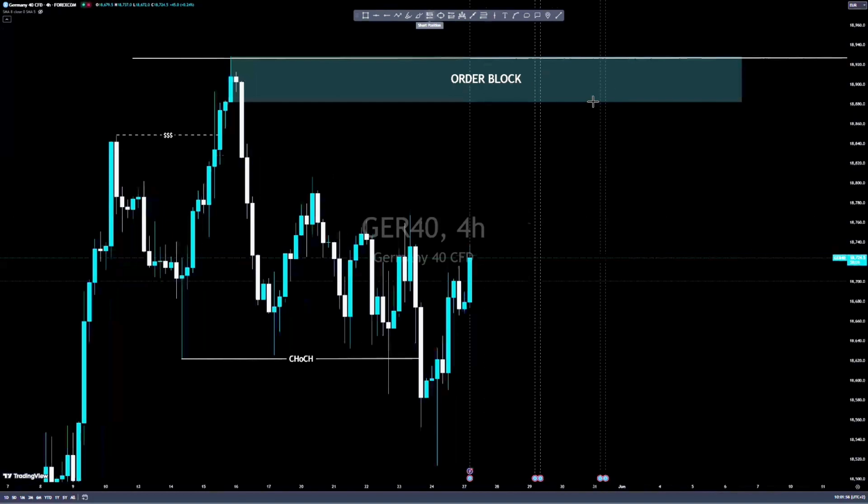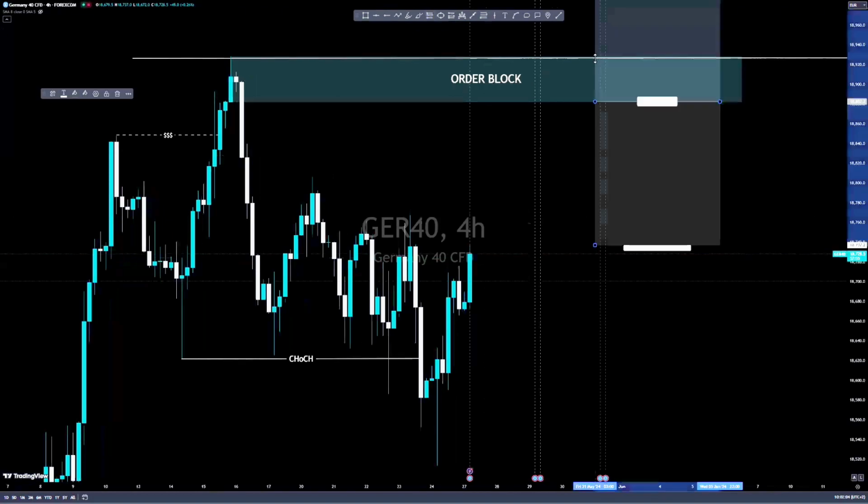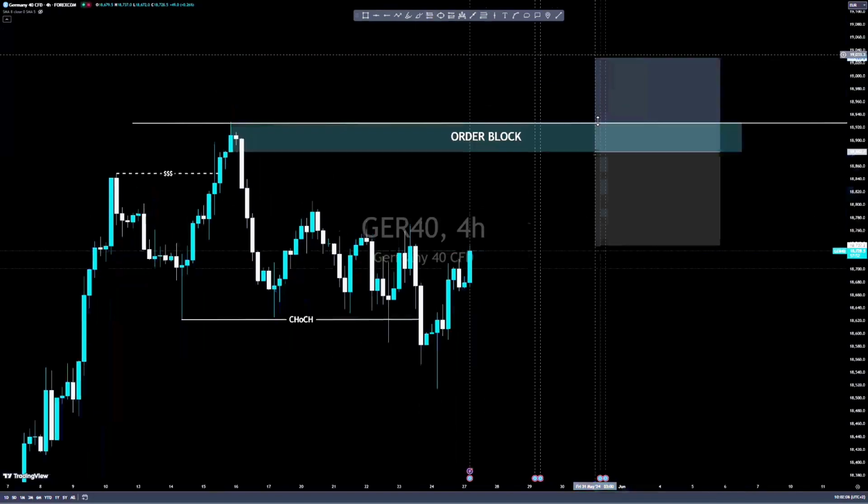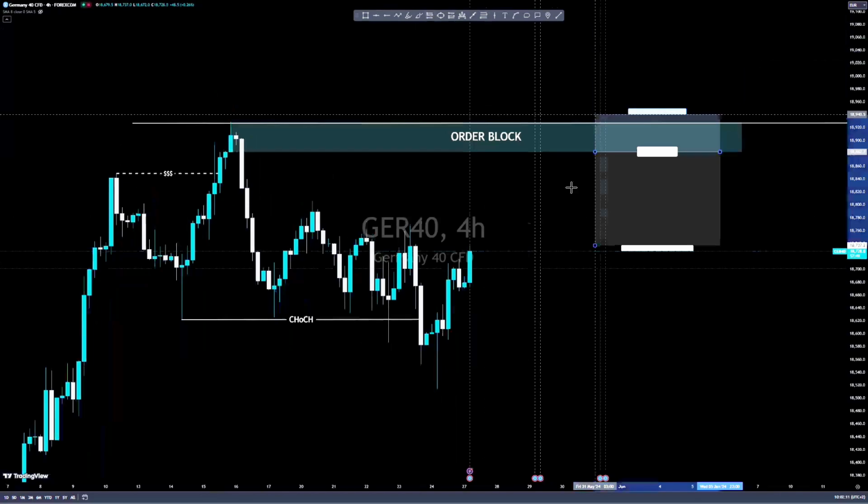And mind you, this is a live market. I'm analyzing a live market here. So our stop loss will be a few pips above the order block level. Then our take profit will be at this low here.